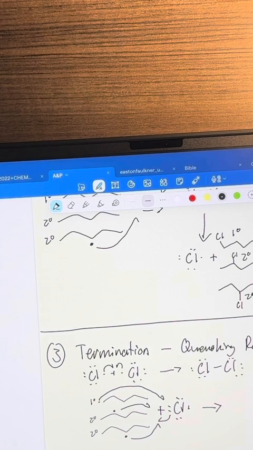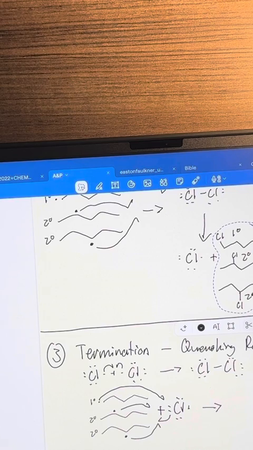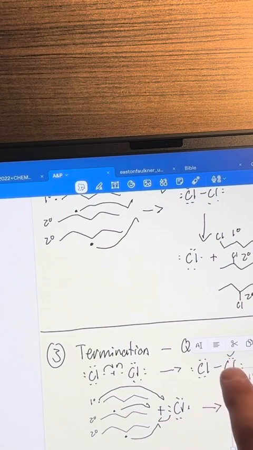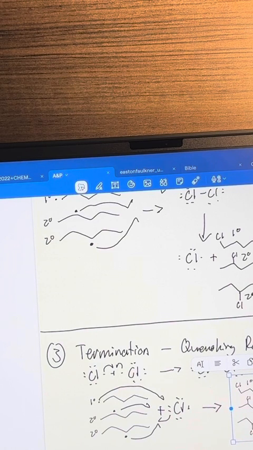But this is actually a bad thing because it stops the whole reaction. So although this is a positive thing in that we end up with the product we want, it's not in the way that we want it and the whole reaction stops.